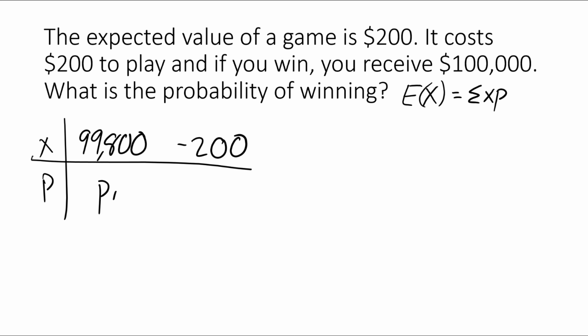So if we called that P2, we would know that P1 plus P2 equals 1, or 100%. So what we could do is solve for P2 in terms of P1. We subtract P1 from both sides, so we get 1 minus P1. We're going to refer to this as 1 minus P1 rather than using a different variable name, so that'll make it easier on us.